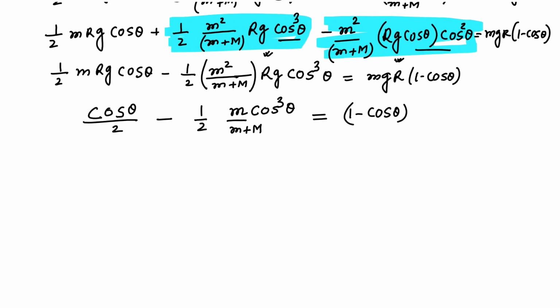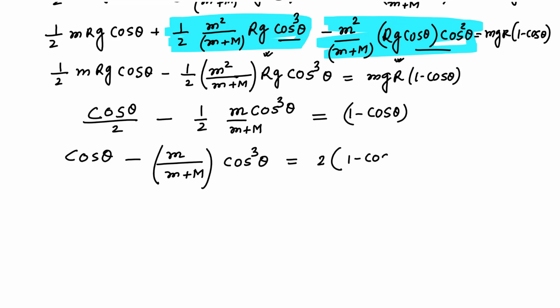And we can multiply it by 2 on both sides. So we will have cos theta minus m divided by m plus M cos cube theta is equal to 2 into (1 minus cos theta).